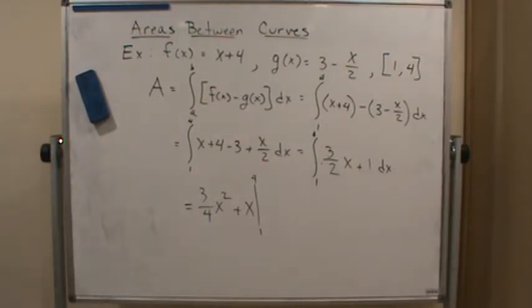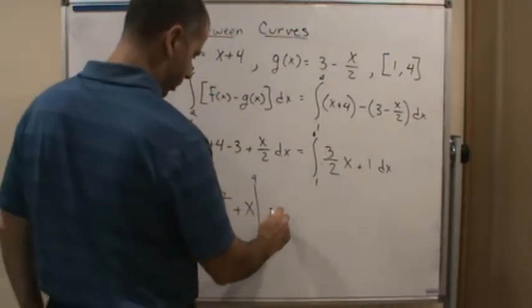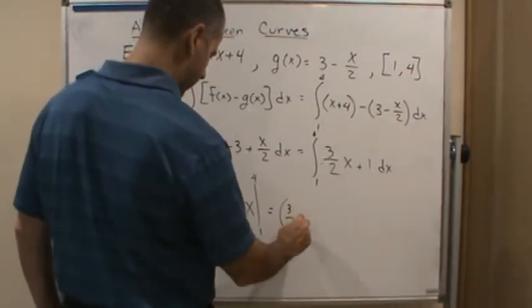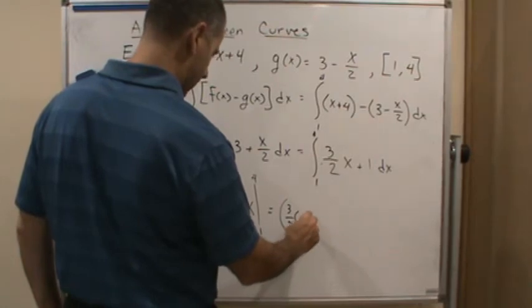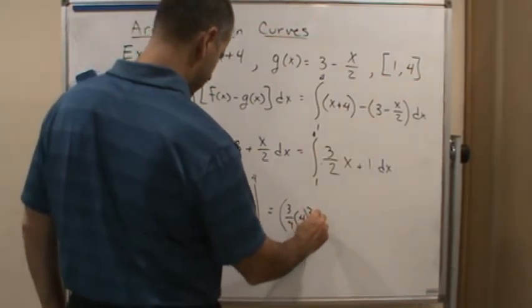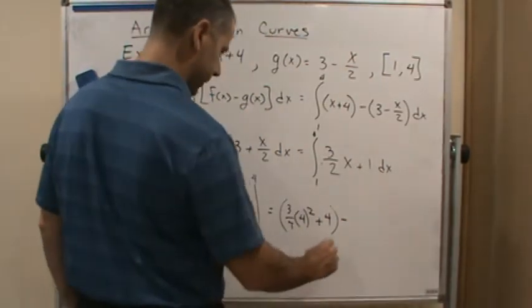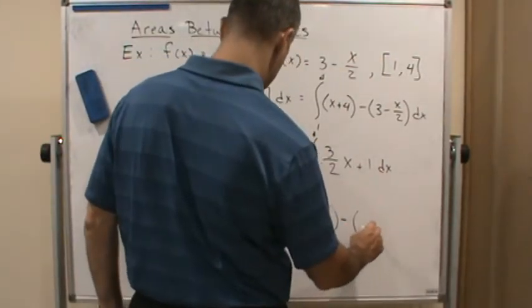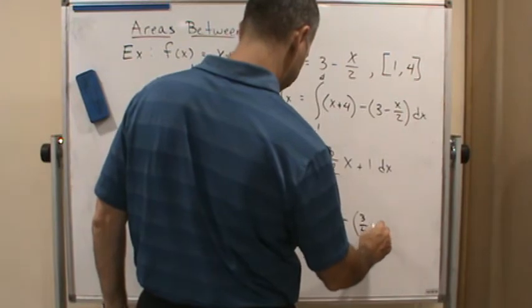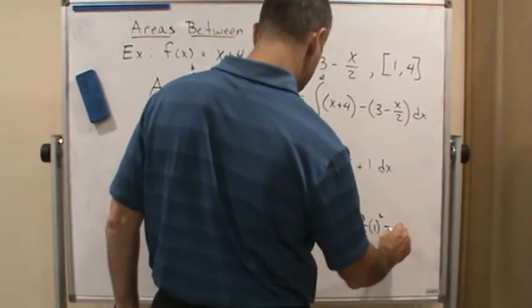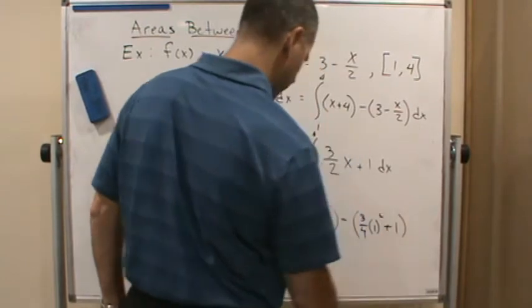Now we're going to evaluate. We evaluate it at 4, so this is going to be 3/4 times 4 squared plus 4, minus 3/4 times 1 squared plus 1.